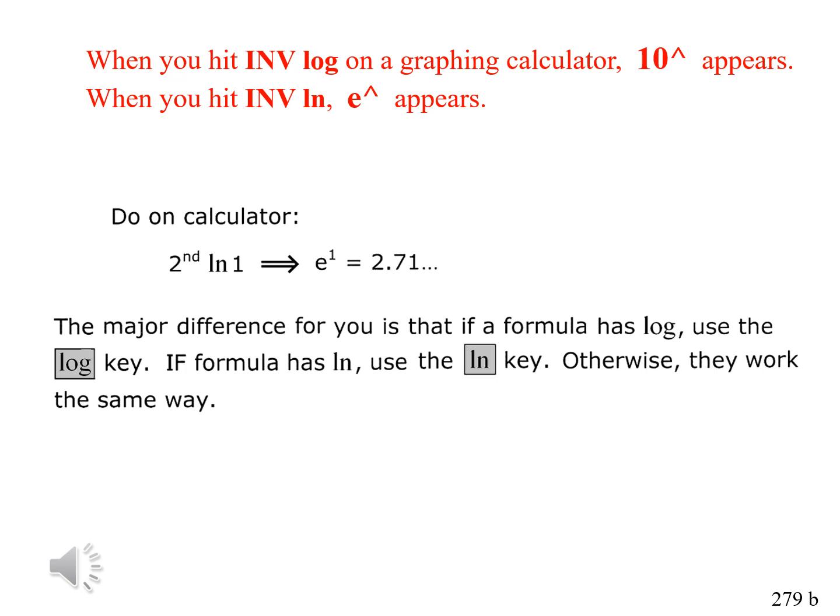So if you want to see the number e on your calculator, if you hit second ln of 1, that will show you what e to the first power is. It's 2.71, and it continues forever. So this is what e, or the base of the natural logs, is. You just have to hit the right key for the formula you're using on your calculator.